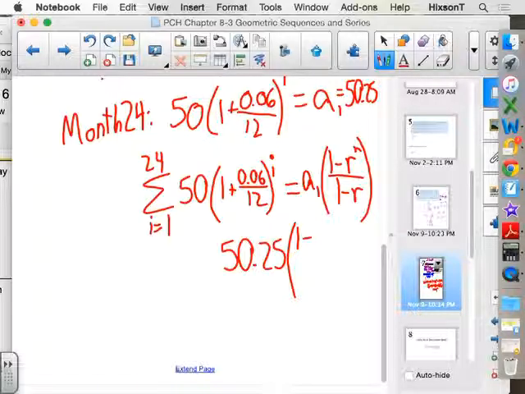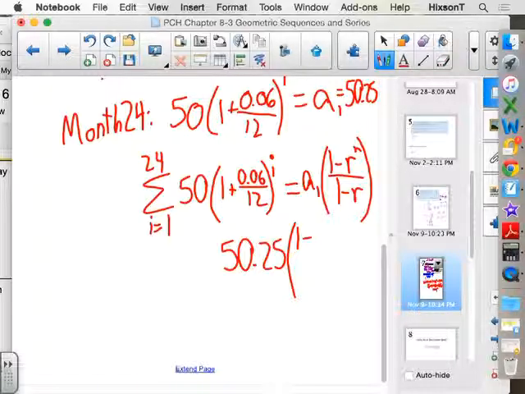Okay, here's where you have to be careful. Notation can mean different things in a different context. The r right here is not the same as the interest rate, right? Because we're dealing with a different formula. This r stands for the common ratio in our geometric sequence, right?